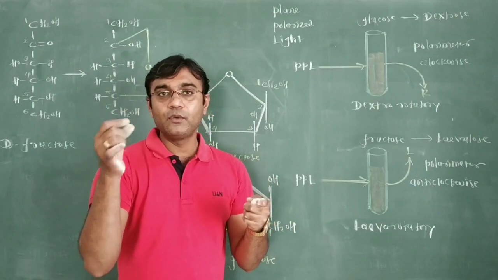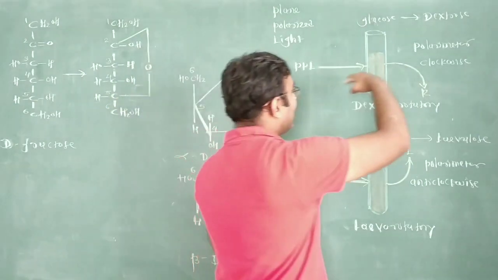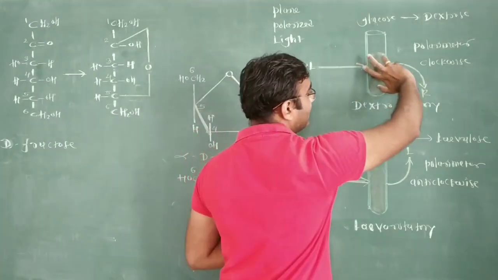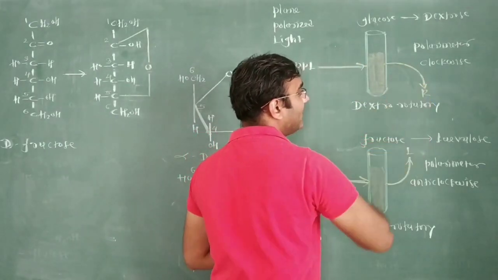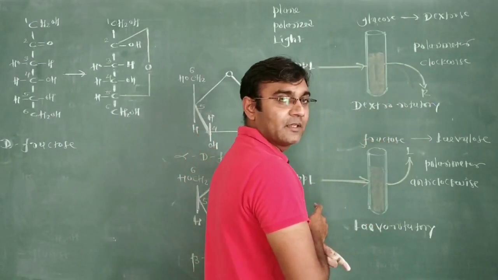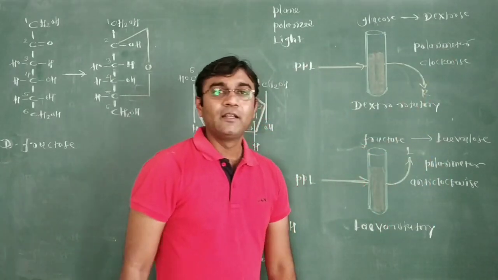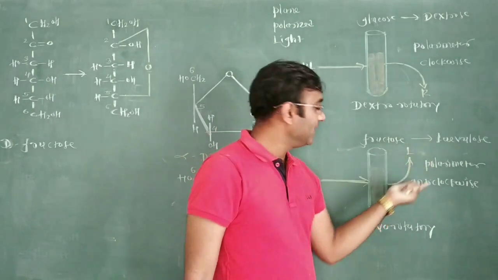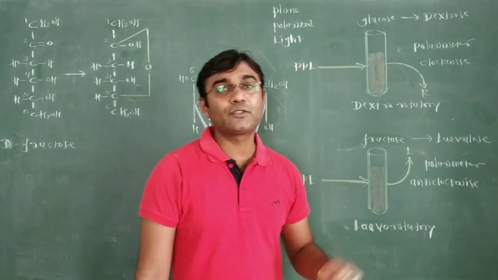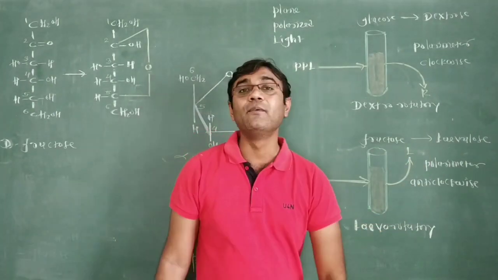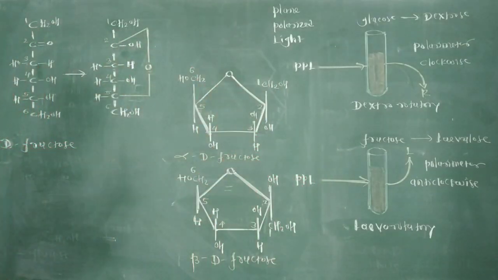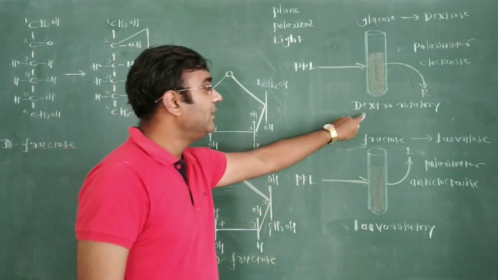Any chemical whose solution has plane polarized light passed through it, and the chemical bends the light towards the right, meaning clockwise, which is indicated by a polarimeter, that is dextrorotatory. And if it rotates to the left, meaning anti-clockwise, the given chemical is levorotatory. We learn this ring structure only for dextrorotatory.